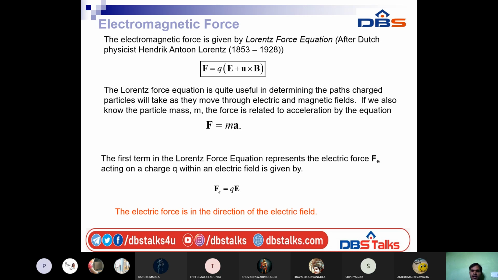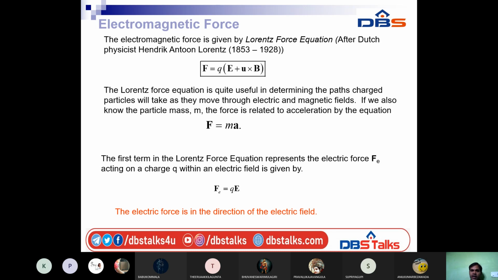According to him, the force F is equal to Q of E plus U cross B. Listen carefully: force F is equal to Q of E bar plus U cross B. This is the electromagnetic force, which contains the electric force as well as the magnetic force.